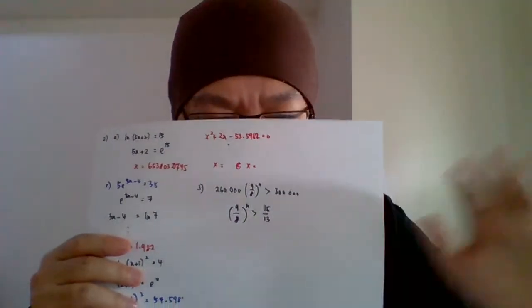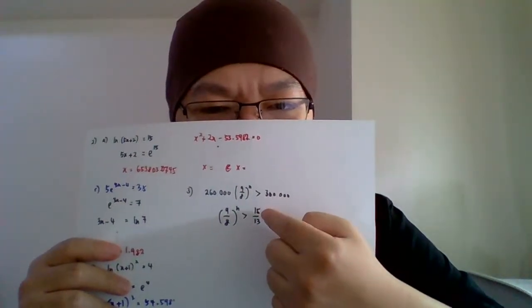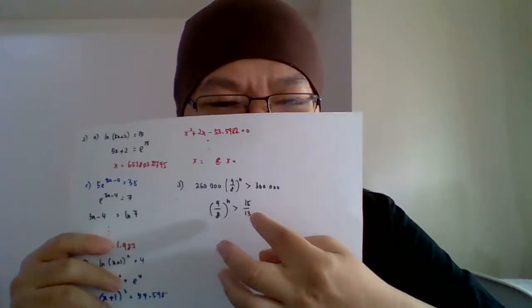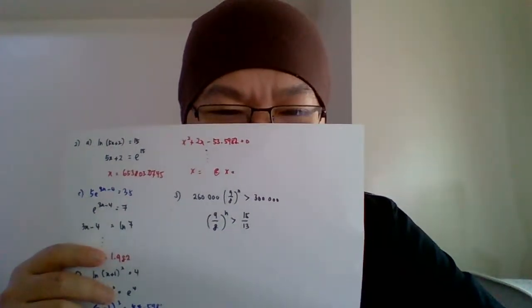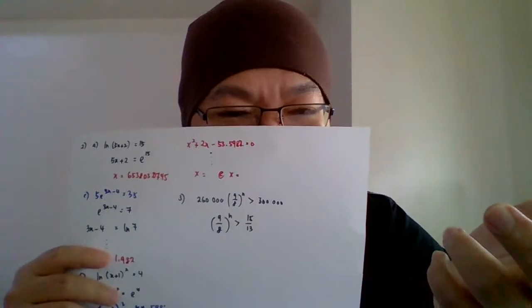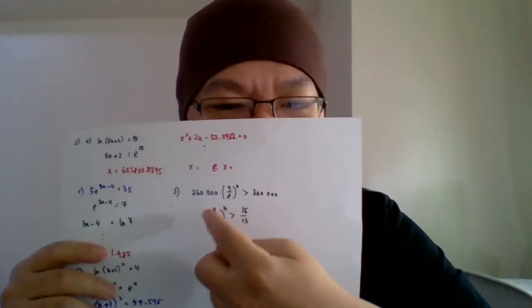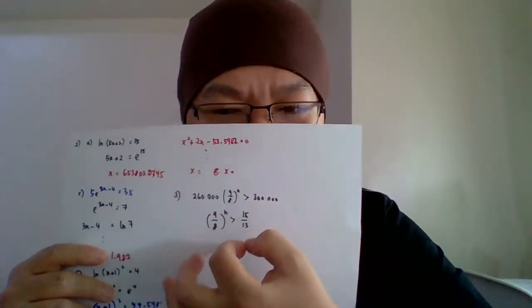Now, can we convert 15/13 to become 9/8 power something? Cannot. We cannot convert this fraction to become 9/8 power something. So that's why we need to put log 10 on the left side and log 10 on the right side. We must put log on both sides.